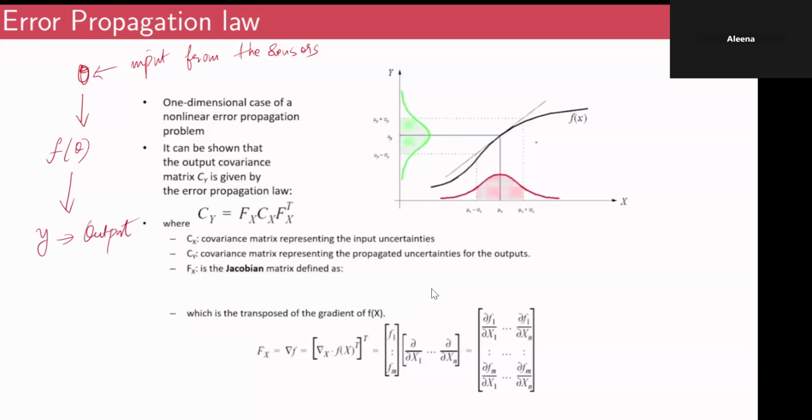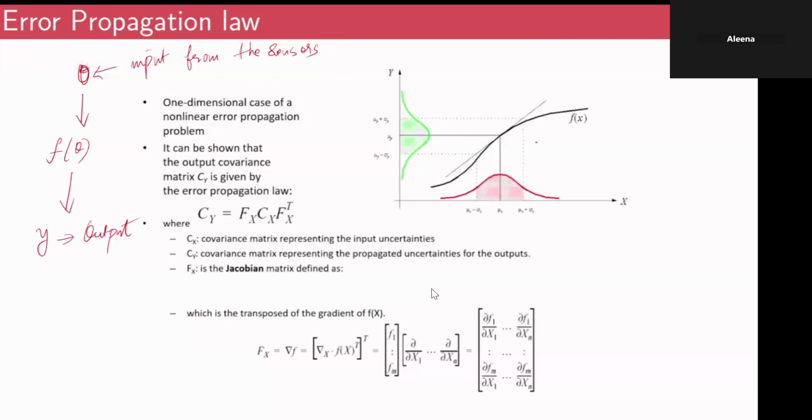Right? And as you know, we have a lot of uncertainty from the sensor data because of the sensor noise and disturbance from other environmental factors. So there is a lot of uncertainty associated with the measurements from the sensors.